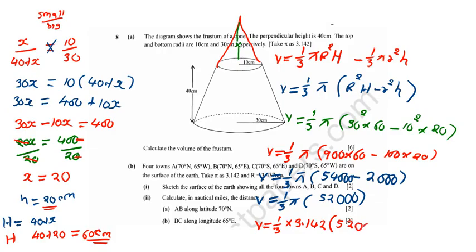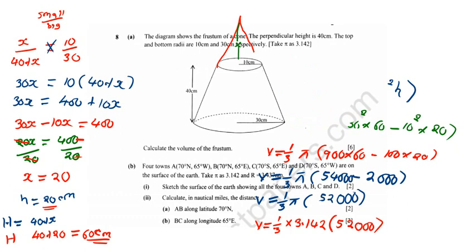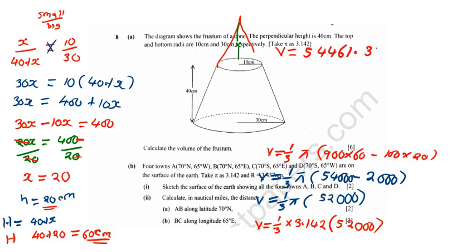So when multiplying, let me just write on top, I create some space on top here. So multiplying, getting a volume equal to 54461.333.